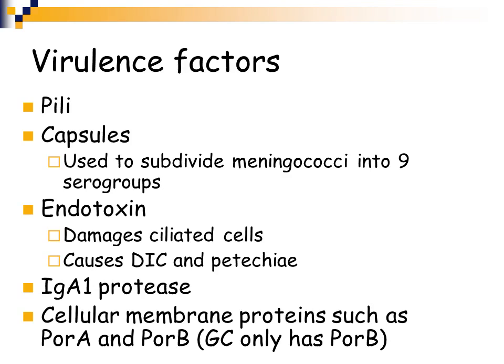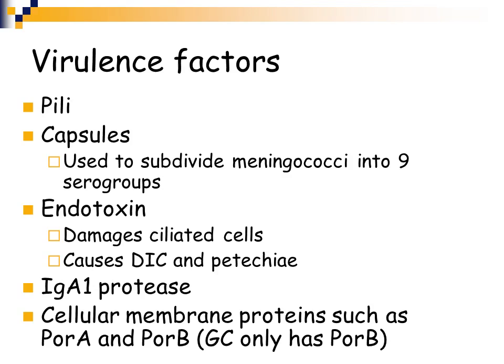It is a gram-negative organism, so it produces endotoxin or LPS. It does produce protease, and it produces cellular membrane proteins. So it produces a lot of the same virulence factors as Neisseria gonorrhea, but it does have a few of its own distinct virulence factors that we would get into much more detail if we were in an infectious disease pathogenesis course.